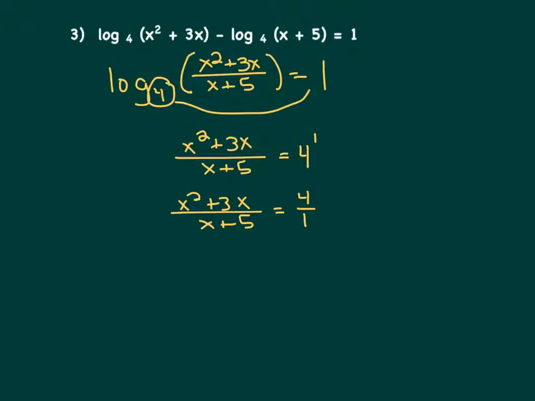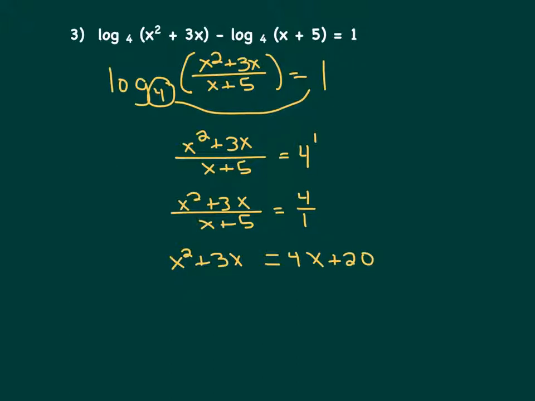All right, so I'm going to multiply the top left by the bottom right. So x squared plus 3x times 1 is just x squared plus 3x. And I'll bring down the equal sign. And now let's multiply the top right by the bottom left. So 4 times x is 4x, and then 4 times 5 is positive 20.